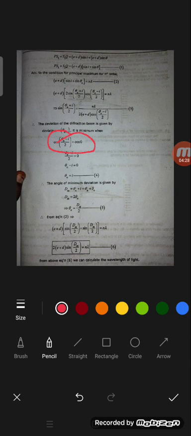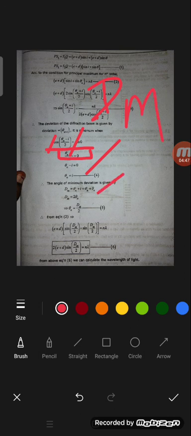So on both sides the cos gets cancelled, (theta n minus i) by 2 equals 0, that is, theta n equals i. So the minimum angle of deviation, dm, is equal to theta n plus i.